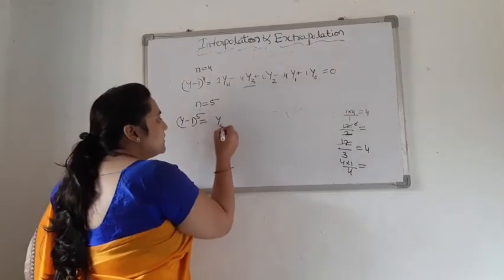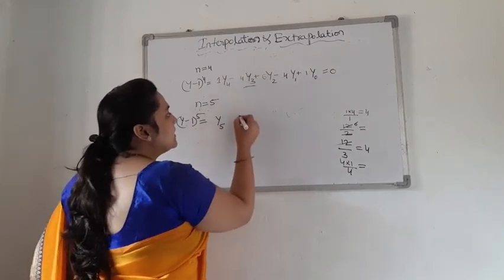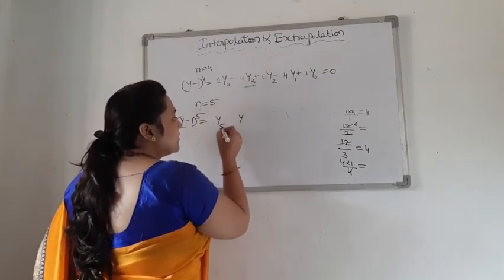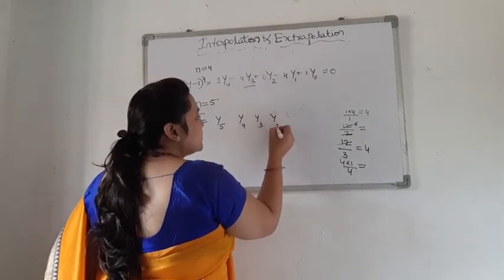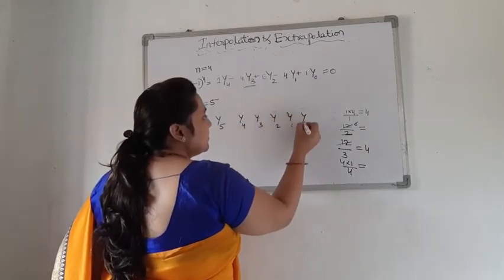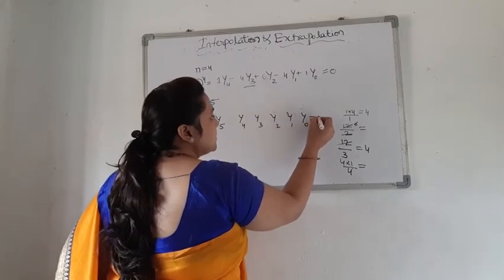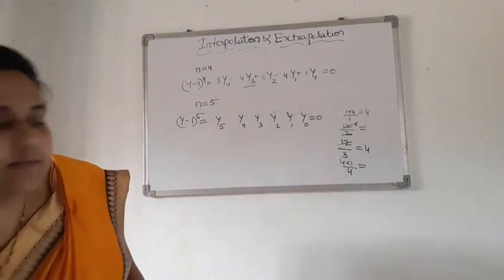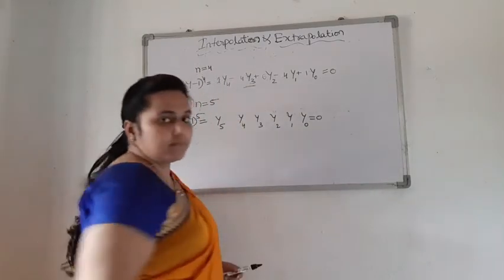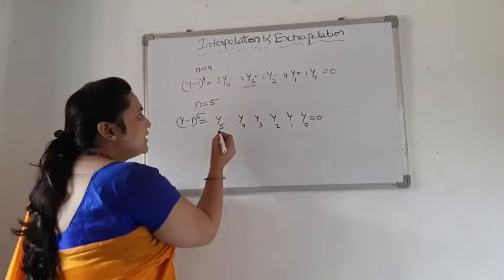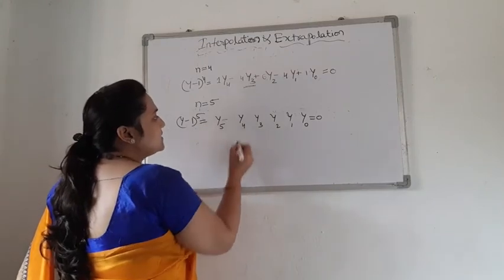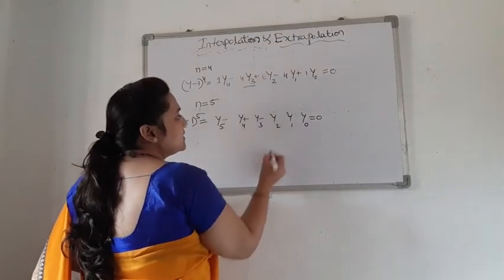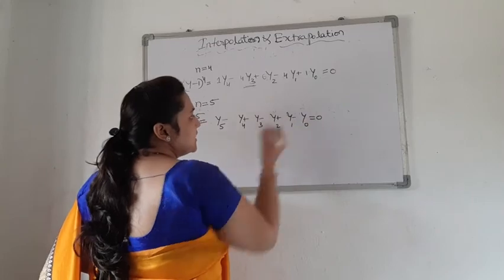Then we will decrease it by 1: y5, y4, y3, y2, y1, y0 is equal to 0. Then we need to assign signs. This will be plus, minus, plus, minus, plus, minus.